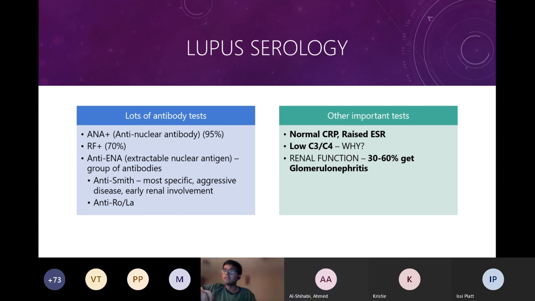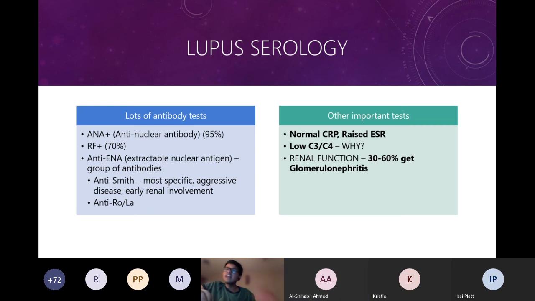They will go into renal failure. Ro and La are other ones. What other condition do you get Ro and La antibodies in? We will talk about antihistone antibodies in a bit. Yeah, Sjogren's syndrome. Good. Rheumatology is just antibodies. If you know the antibodies, you're going to get all the more.